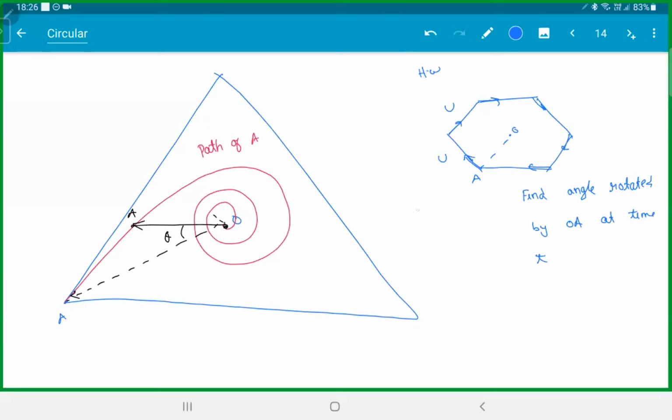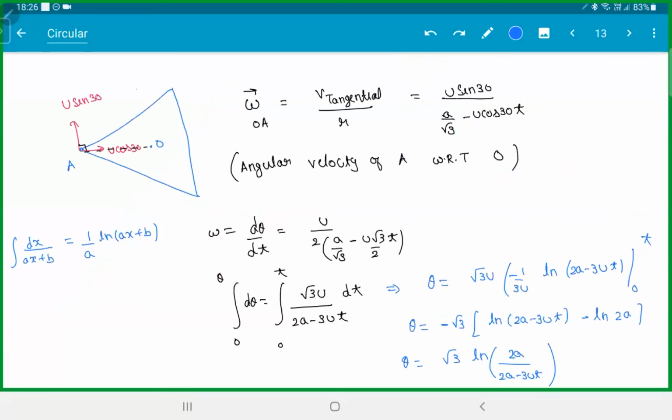I will leave it to you. The idea is the same. That's what I'm saying, there's no need to do new things. You take the same thing which you have done and just extend it. But any doubts on this, please ask.